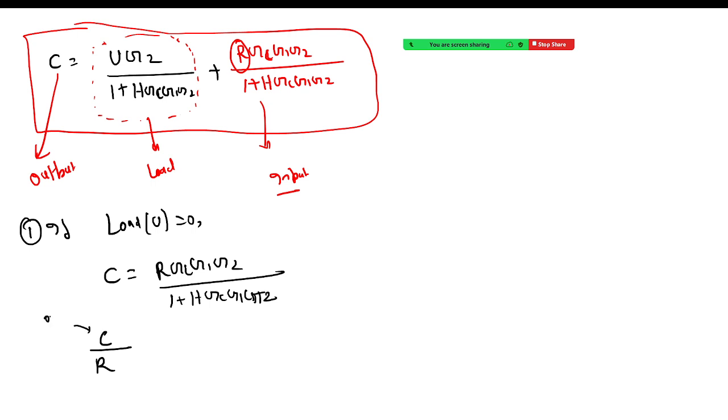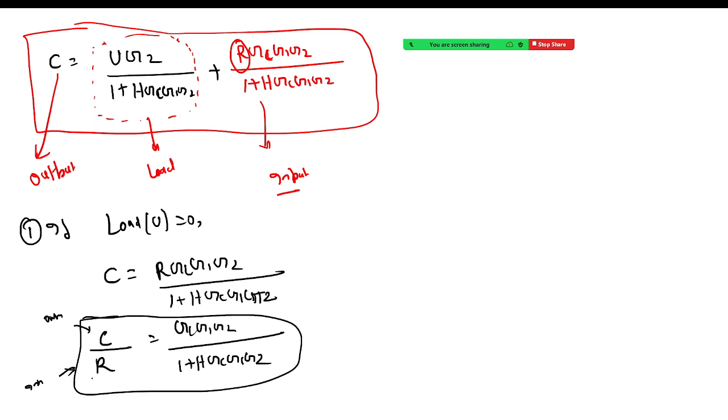That is your output, that is your input, that is equal to GC G1 G2 divided by 1 plus H GC G1 G2. So now this is your output, this is your input. R is your set point, right? So here load is 0, set point is changing.